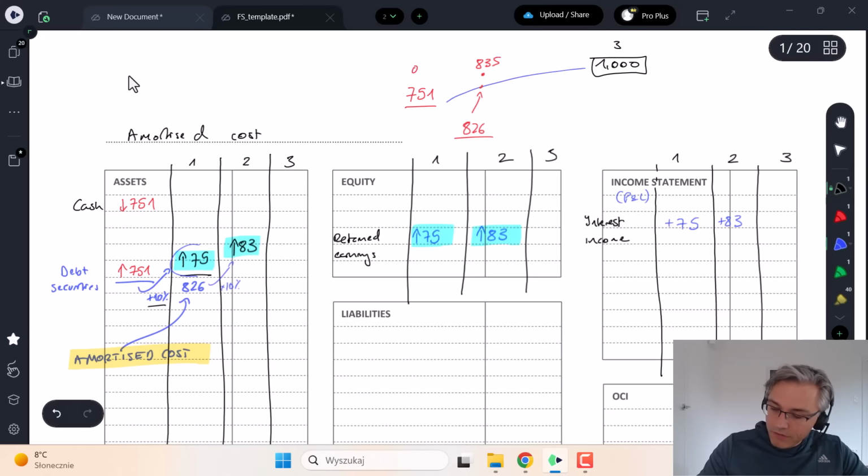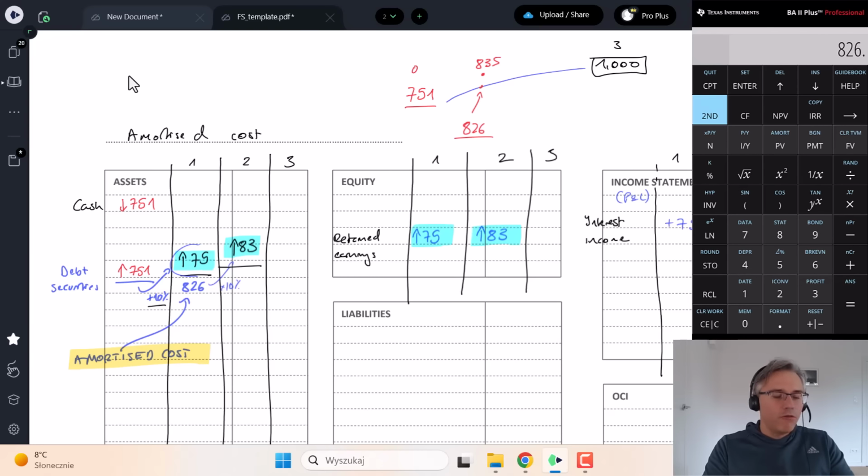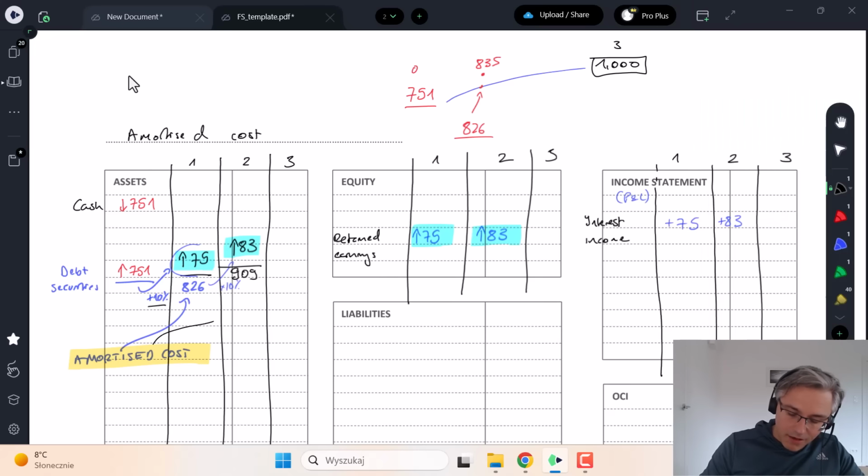Now, the value of the asset in the balance sheet, it was 826. If we now add an additional 83 to it, we get to a level of 909. And that, once again, is the amortized cost of the asset.